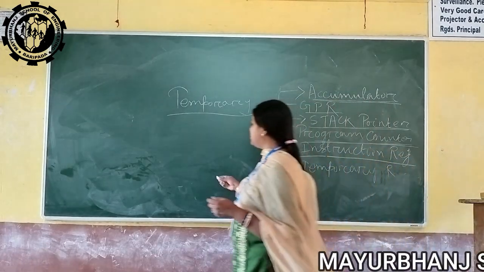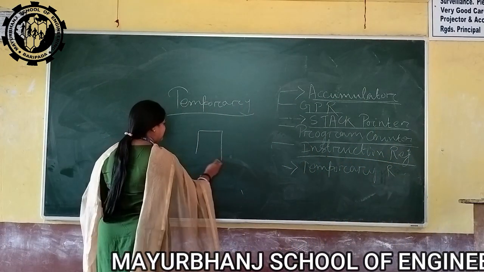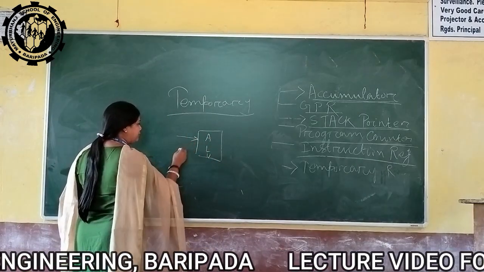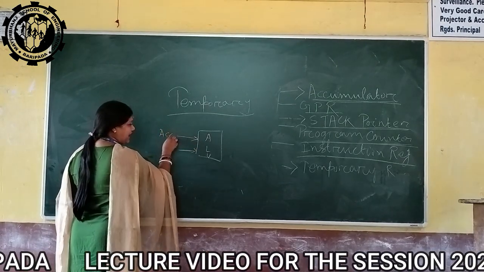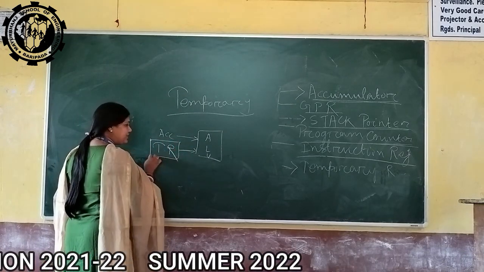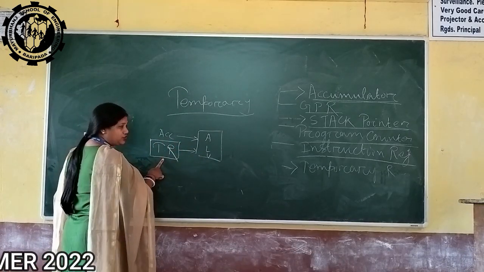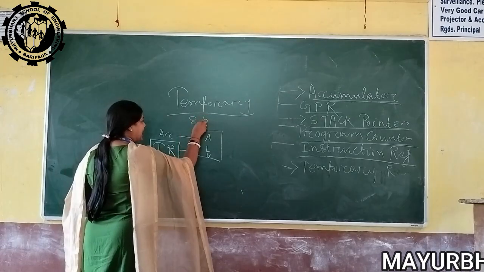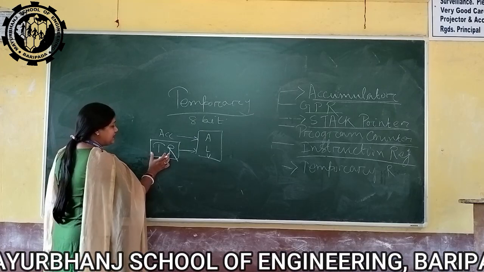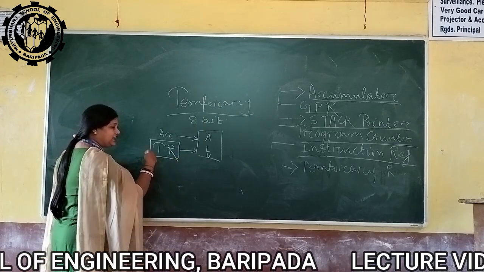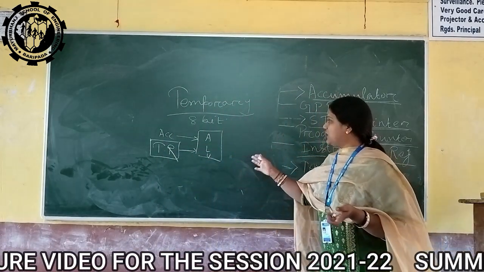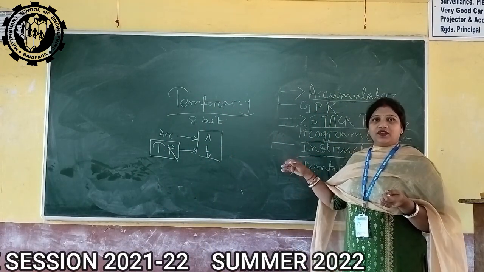During the ALU operation, the ALU takes two inputs: one from the accumulator, and another from the temporary register. So during the ALU operation it acts as an input to the ALU, and it is also an 8-bit register. That is all about the temporary register.